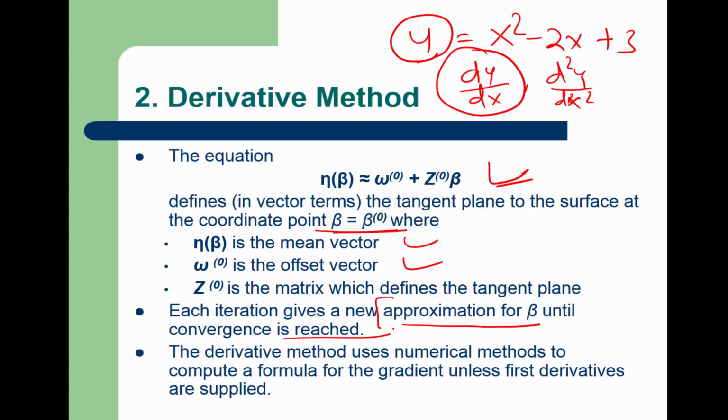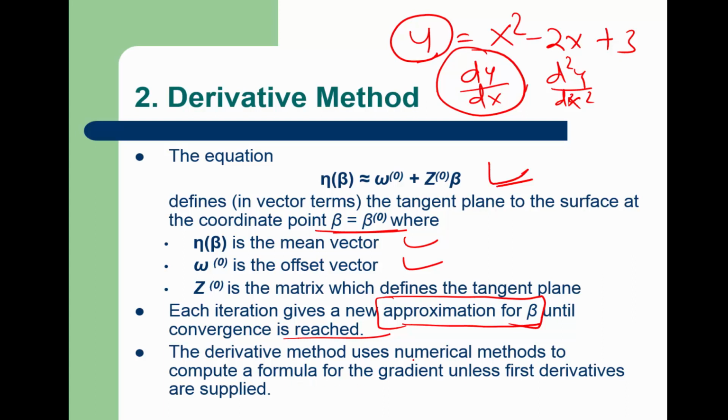Pretty much like the last procedure, we are also approximating the value of beta, which gets changed in every iteration, and you get the converged value after a few iterations, depending on at what point you get the optimal value.